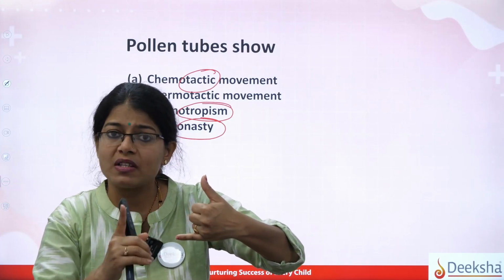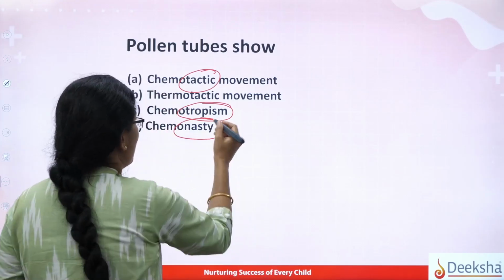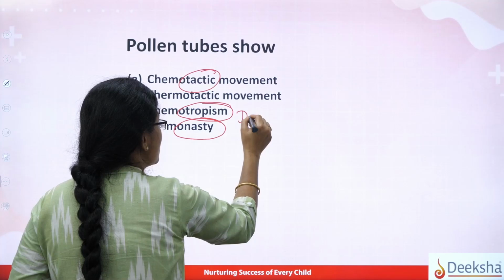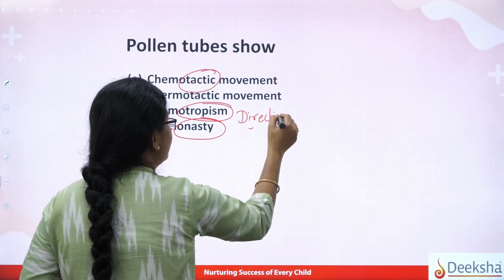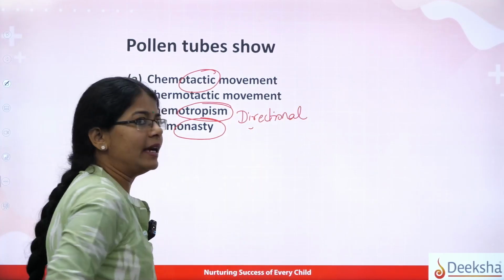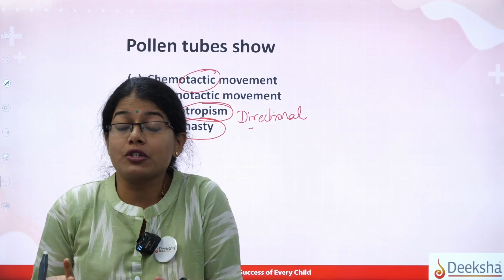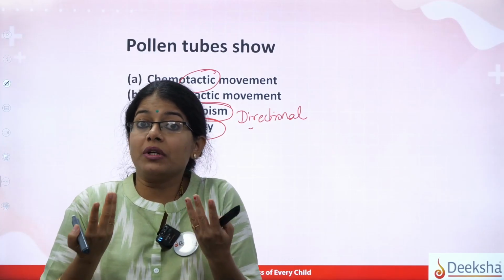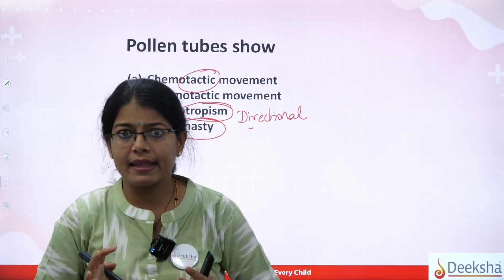So that movement will be called trophic movements. Whenever we say trophic movements, it is going to be directional, like roots are positively geotrophic and the shoot is positively phototrophic.